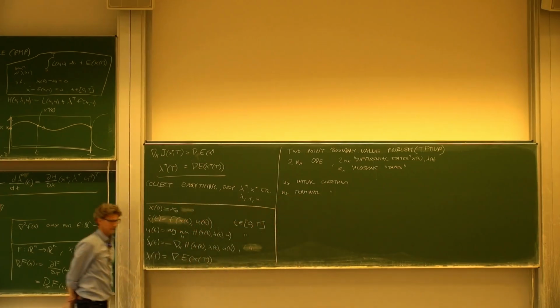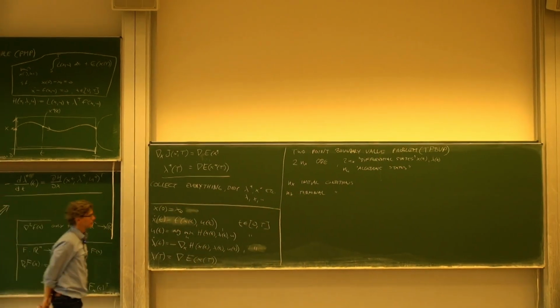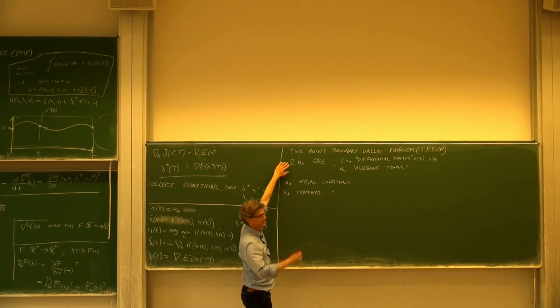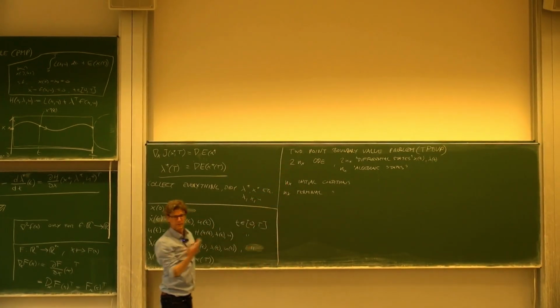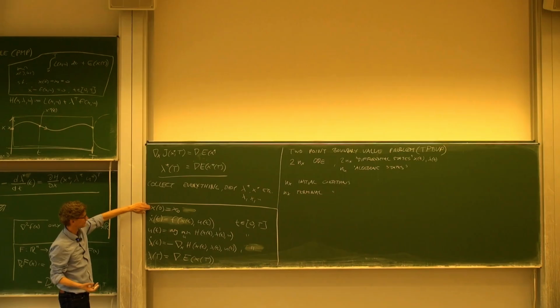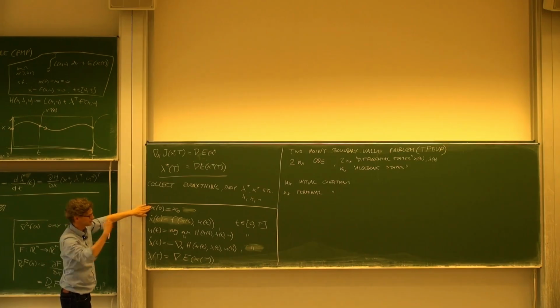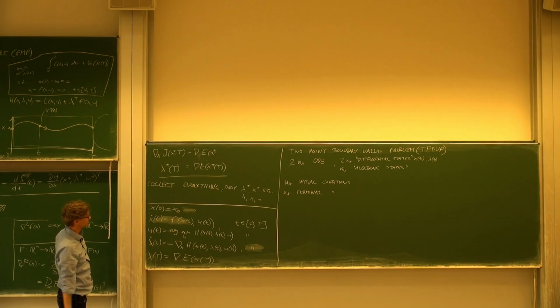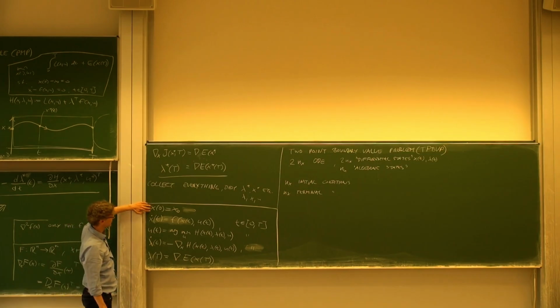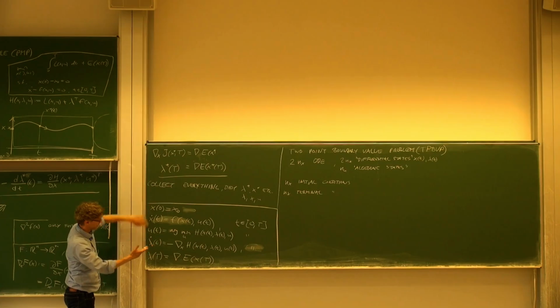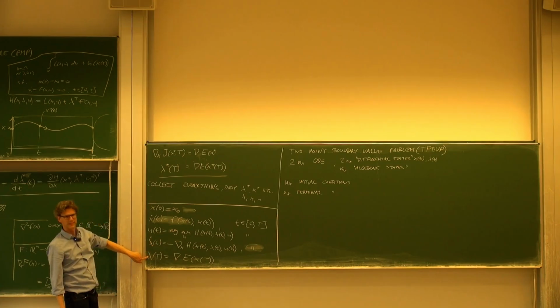So if you think of an ODE, if you would know 2 nx initial values, then you could just simulate it forward. But in this case, we don't know all the initial values, we only know the x's. So we cannot really simulate it forward if we don't know lambda 0. But if we would know lambda 0, then we could simulate it forward. And then if we are lucky, this would be satisfied, and if we are not lucky, it will not be satisfied.